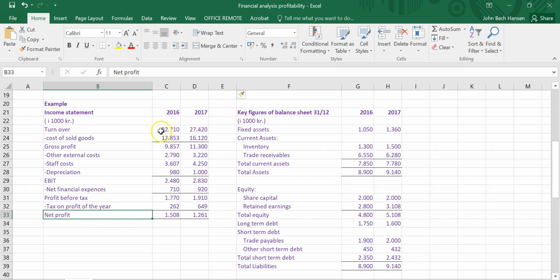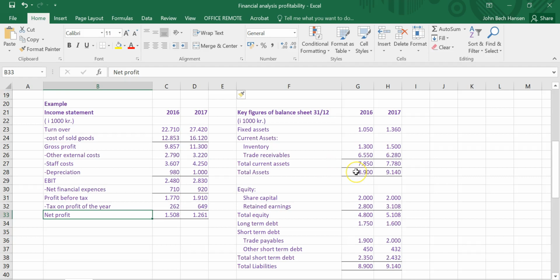The profit is shown over here in the income statement for a year, whereas we know the balance sheet is at a certain point of time. So in this case, at the end of the year 2016, we had invested 8,900 or 8,900,000, and we take that as an expression for how much we have invested for the whole year.